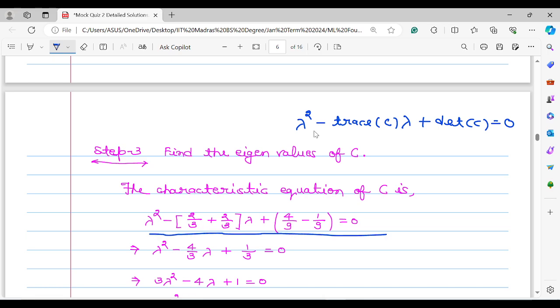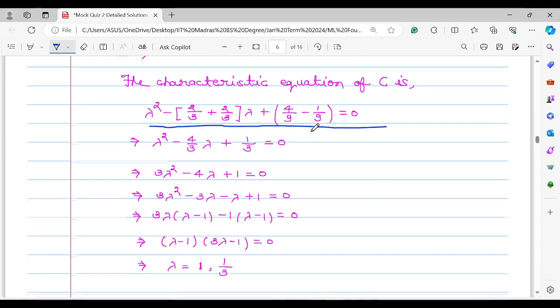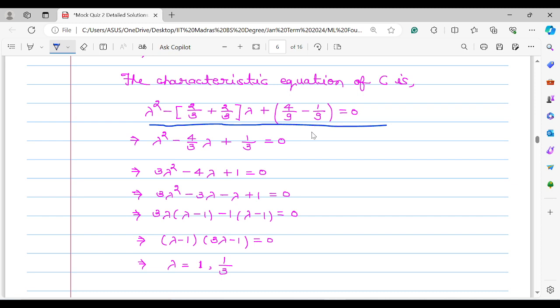You can also try the method determinant of C minus lambda I equal to 0, and we will get the same answer. We simplified this equation, and by factoring we get lambda equal to 1 and 1 by 3.